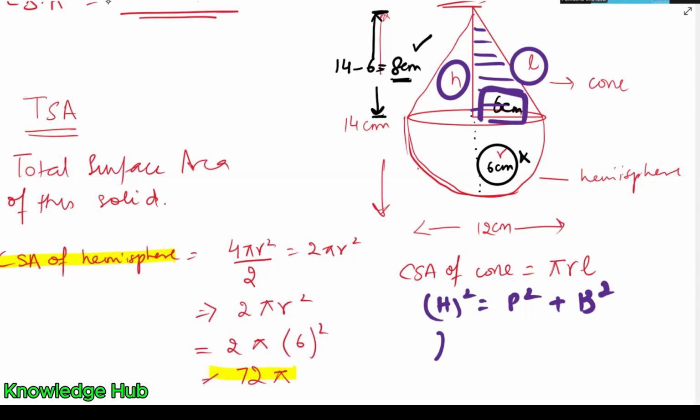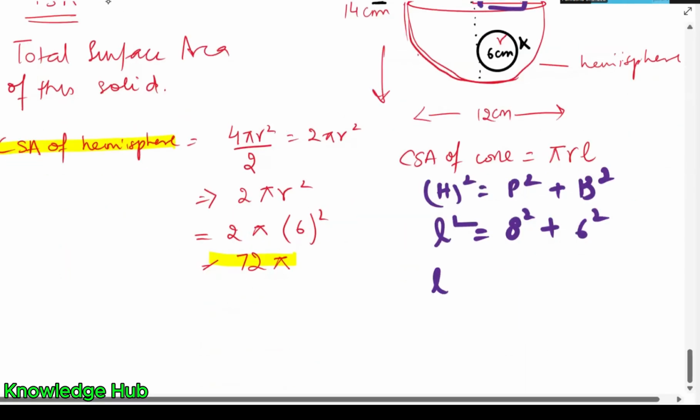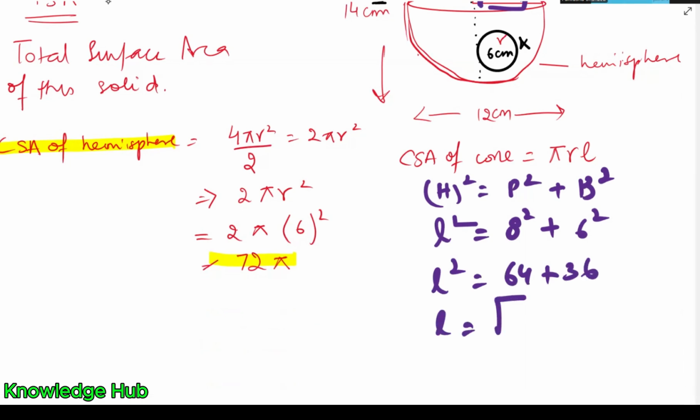Over here, h is L square, the perpendicular is 8, so 8 square, and the base is 6 square. So L square equals 64 plus 36, that makes it 100. The square root of 100 would be 10.